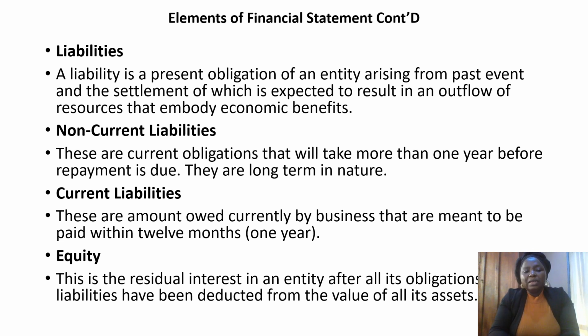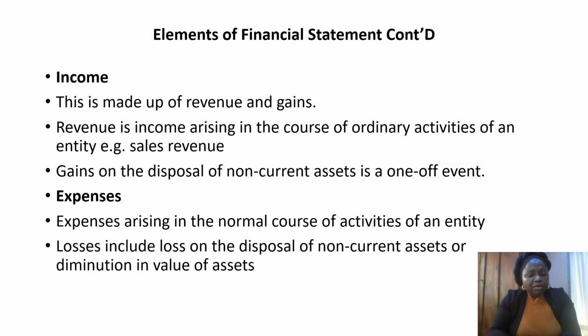So if you get a copy of financial statements, which I hope some of you must have seen one before now, these are some of the elements we're expected to see in a copy of financial statements. Not only that, you're expected to see the income, and let's take a look at what income is. Income is made up of revenue and gains. So revenue is the income arising in the course of ordinary activity of an entity.